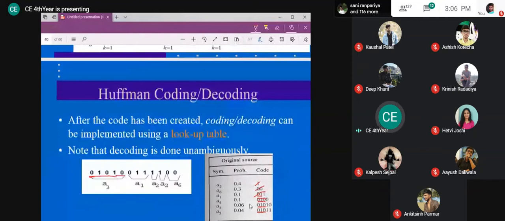I encounter, okay, yes, I have a symbol with 0 1 1, that is A1, and that will stop here, and then again I will start with this. Here it is 1. Do I have any symbol that starts with 1? Yes, we have, and that's why it is A2.